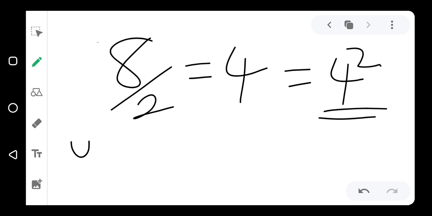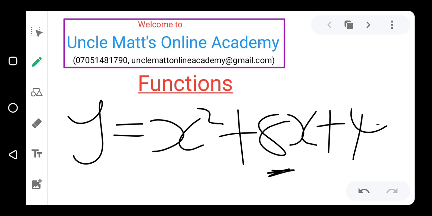So we are going to have that y is equal to x squared. Now when we are adding it, this 8x here, we remove it and use the 4 squared, the square of half of b, to replace it. Then we subtract it from this end.